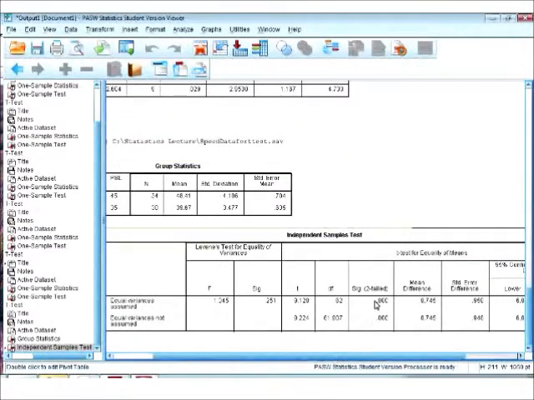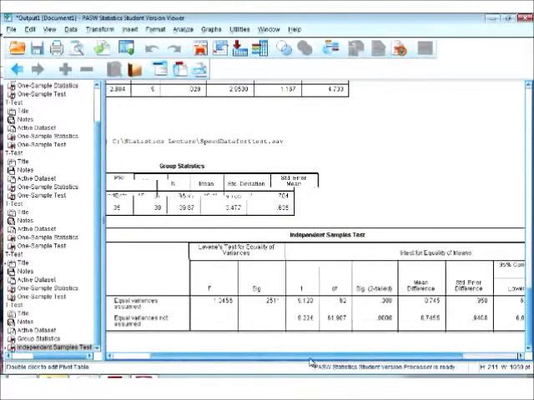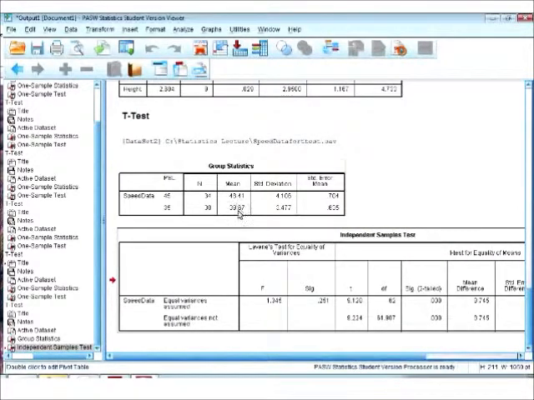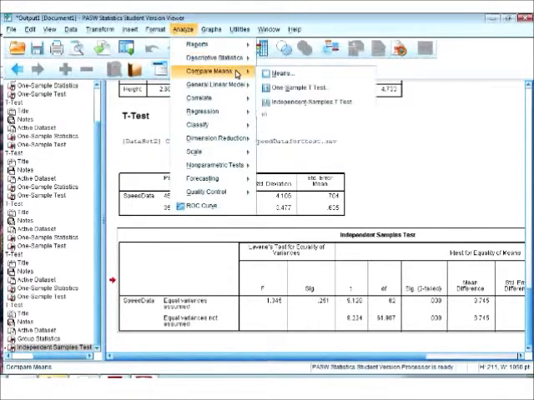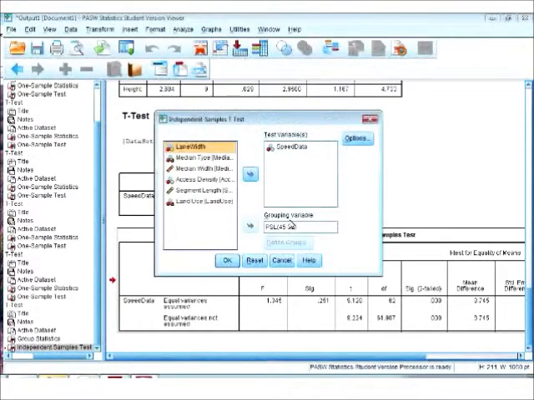Our significance value, which is 0, is less than our significance value of 0.05. Therefore, we reject the null hypothesis that these two mean speeds are equal. They are not equal. Let's conduct one more test and see what results we get.